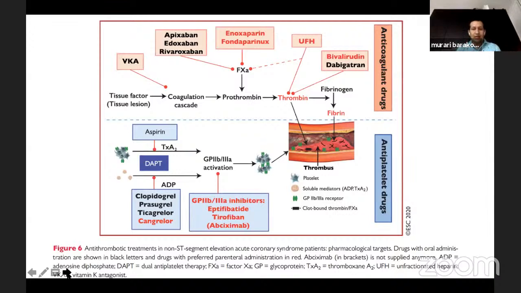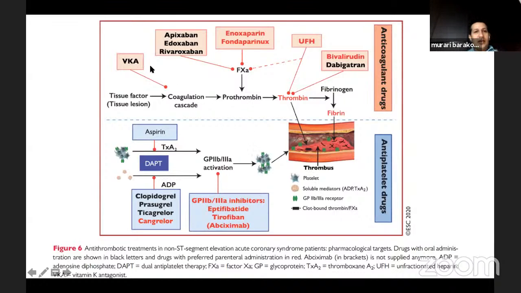Aspirin inhibits the platelet enzyme cyclooxygenase, preventing the generation of thromboxane A2, whereas P2Y12 receptor antagonists like clopidogrel and prasugrel, which belong to the thienopyridine group, and the newer ones, ticagrelor and cangrelor, block the ADP receptor, whereas GP IIb/IIIa inhibitors act directly on the GP IIb/IIIa receptor, so that platelets cannot aggregate and go on to form a thrombus.